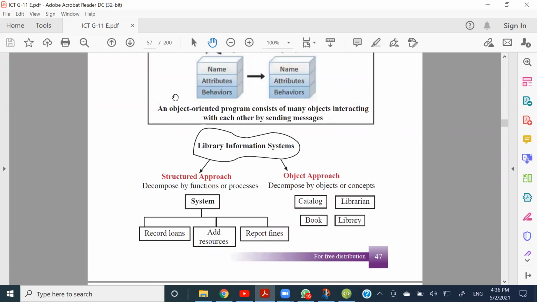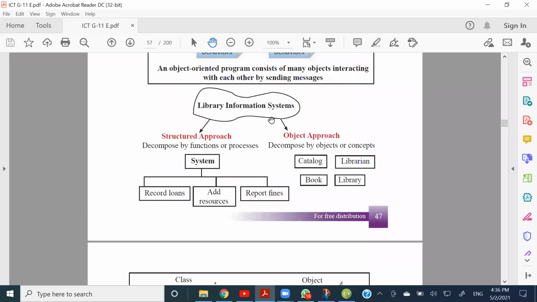And here they have given an example. In a library information system, if you do it with a structured approach, the system will be decomposed into three parts: recording loans, adding resources, and reporting finance. But when it comes to the object-oriented approach, there are no activities. They just find the objects.